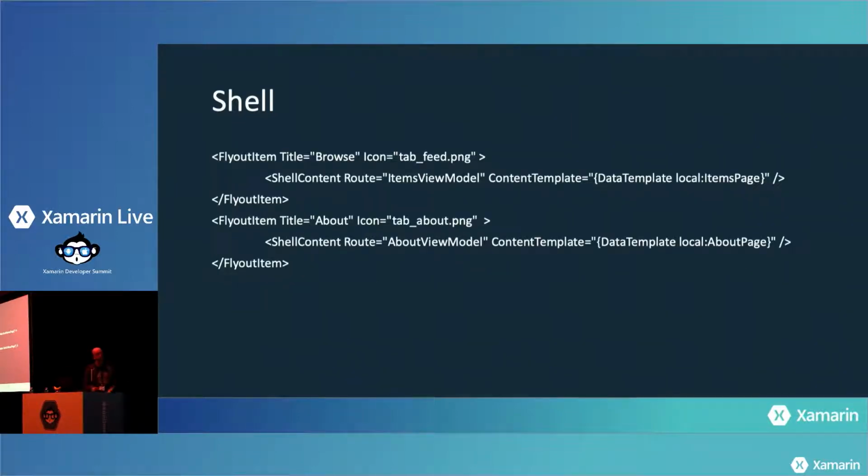So here's a quick look at the declarative XAML. This is cool, because basically you have a master details page with the flyout items. You have your master, which is your flyout, and you have your details, which is your Shell content. Now this whole thing here is a master details page and a tab page all rolled up into one nice happy box.